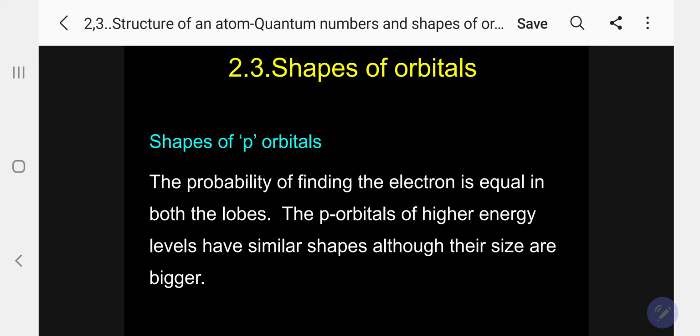The p orbitals of higher energy levels, 2p, 3p, and so on, have similar shapes, though their size is bigger. To understand this, suppose I write this is 2p, then I will write this is 3p. That is the difference. Kindly follow this.